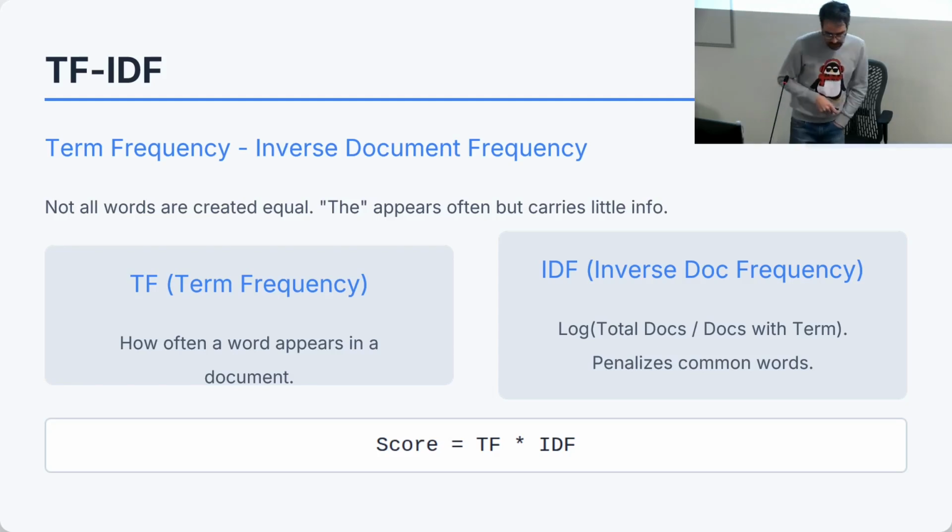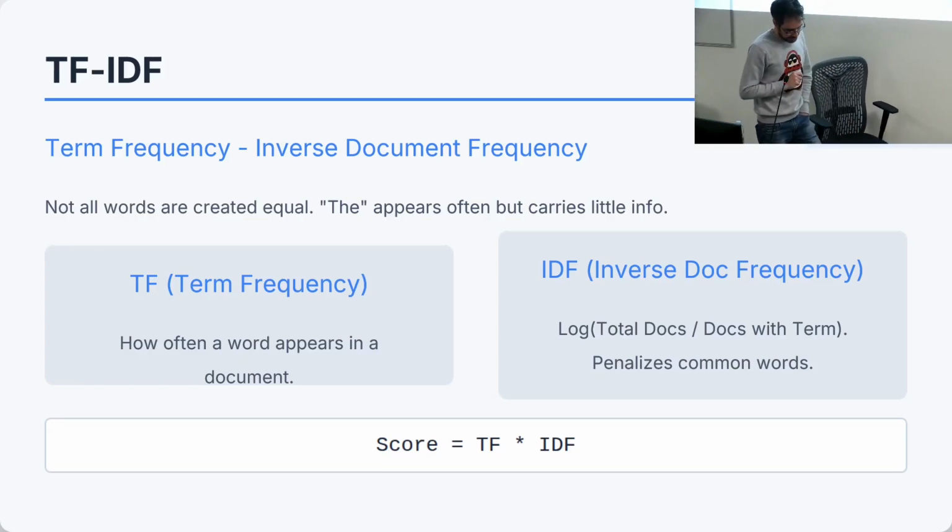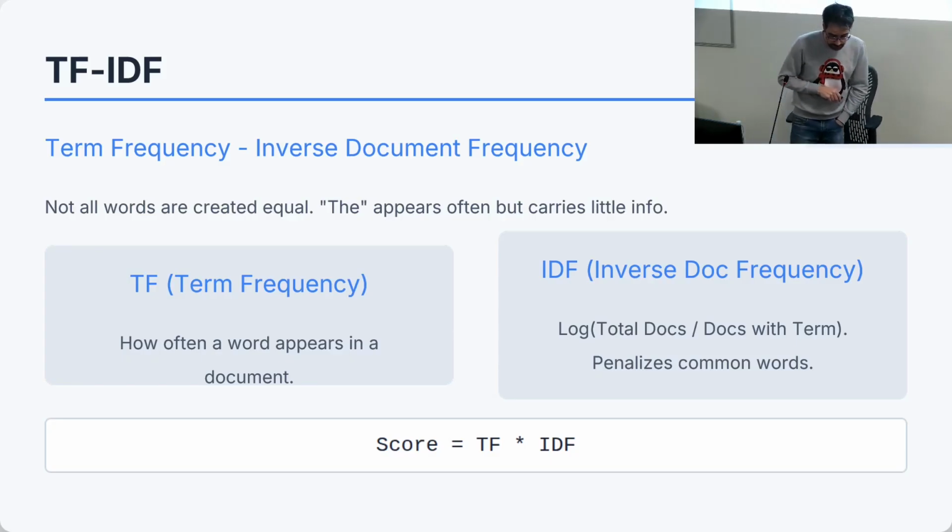A slightly better representation, with respect to the bag of words, is the so-called TF-IDF, term frequency inverse document frequency. This representation starts from a very simple idea.